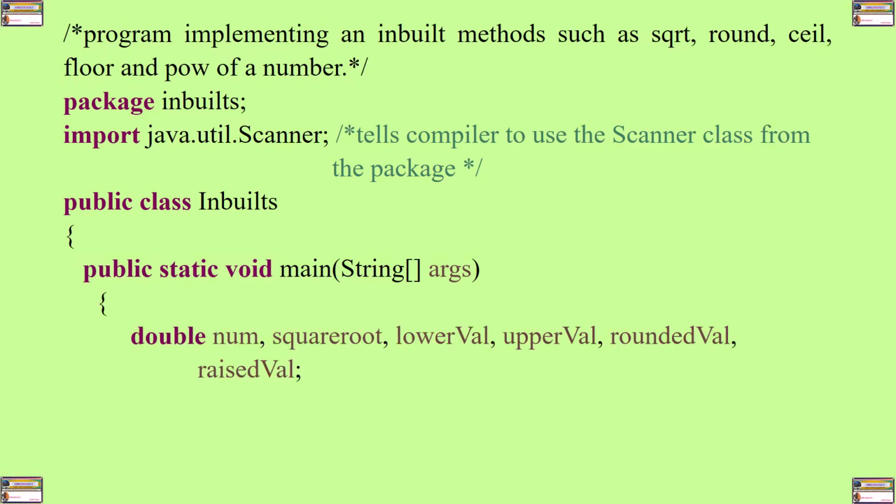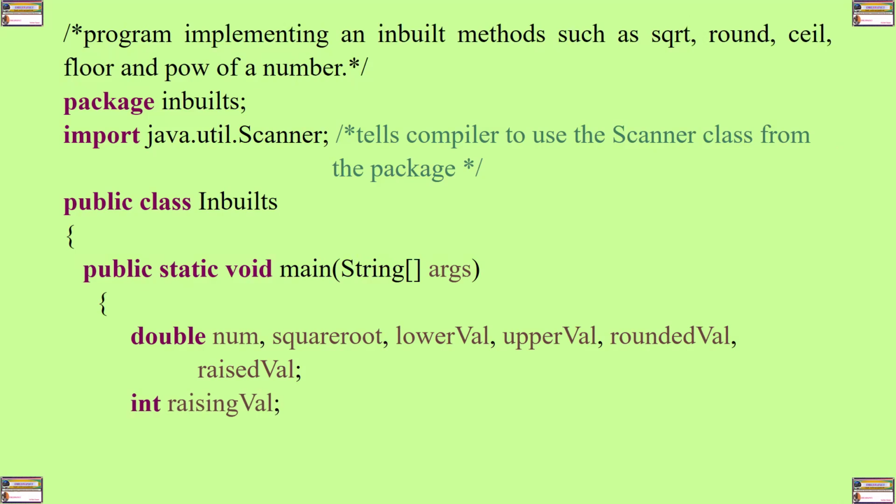And then its definition is that we are declaring the following variables of type double: num, squareRoot, lowerVal, upperVal, roundVal, raisedVal. Remember, these are just names that I'm using for my variables, and I ensure that they are meaningful, just as I have been saying throughout this series of tutorials.